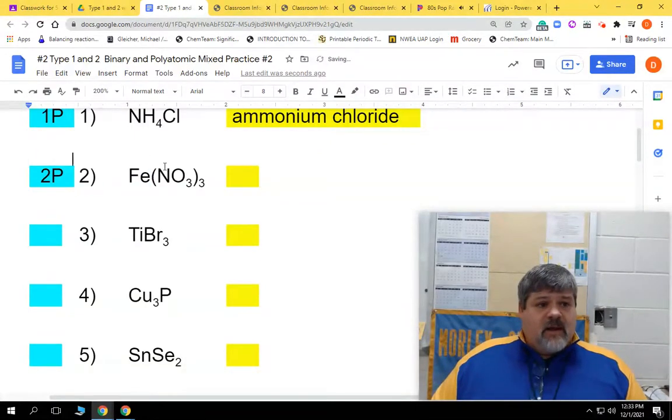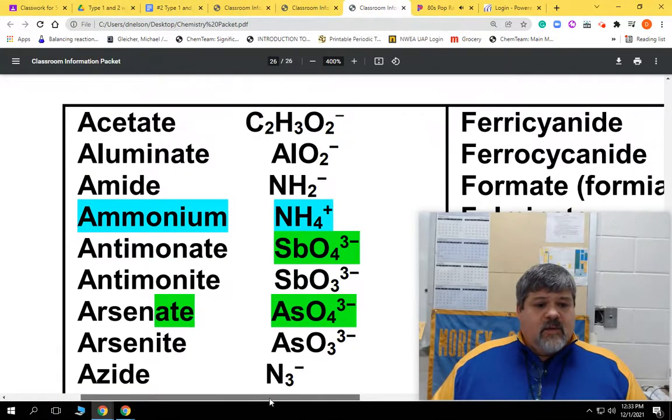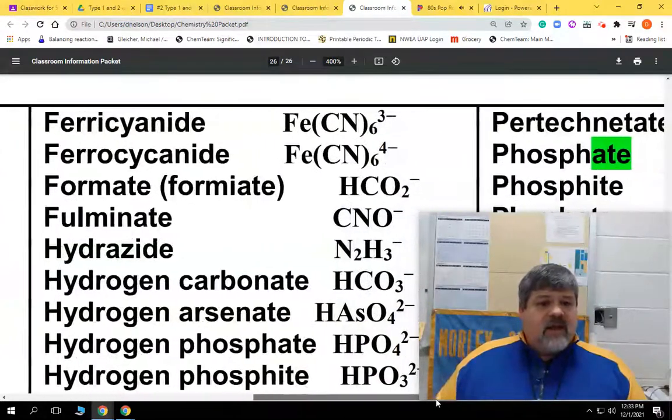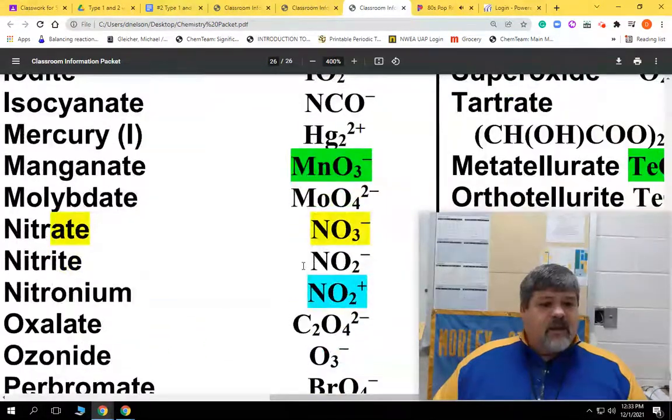So we're going to go over to the NO3. I have NO3, and I have 3 of them. We go to our polyatomic ion sheet and find NO3, which I believe is in the middle one. Here's our middle one. Let's go down to NO3. There's NO3. It's nitrate.